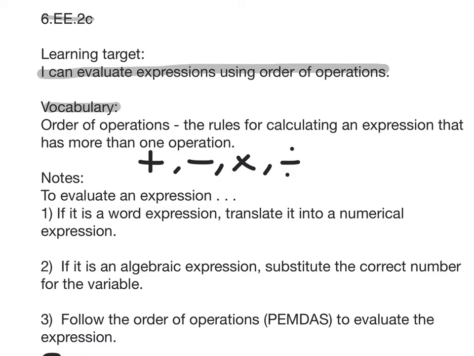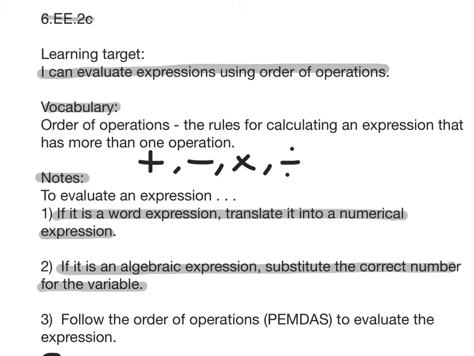So here are your notes. To evaluate an expression, if it's a word expression, translate it into a numerical expression. Write it using numbers and variables instead of words. Step 2: if it's an algebraic expression, substitute the correct number for the variable.